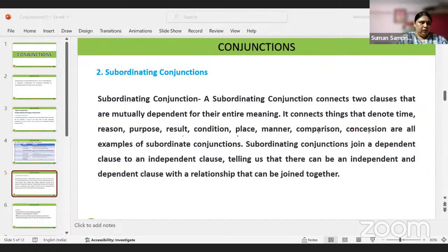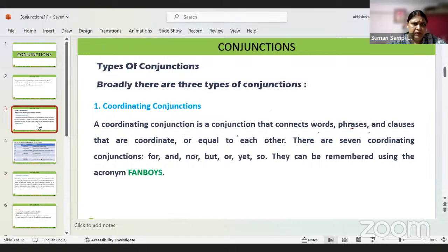Yes. So what I was trying to say here, what is the difference that you have marked between the subordinating conjunction and the coordinating conjunction? You just see. I'll just go back to the slide that we have read. Coordinating conjunction, what was it doing? It was joining words. It could also join words.